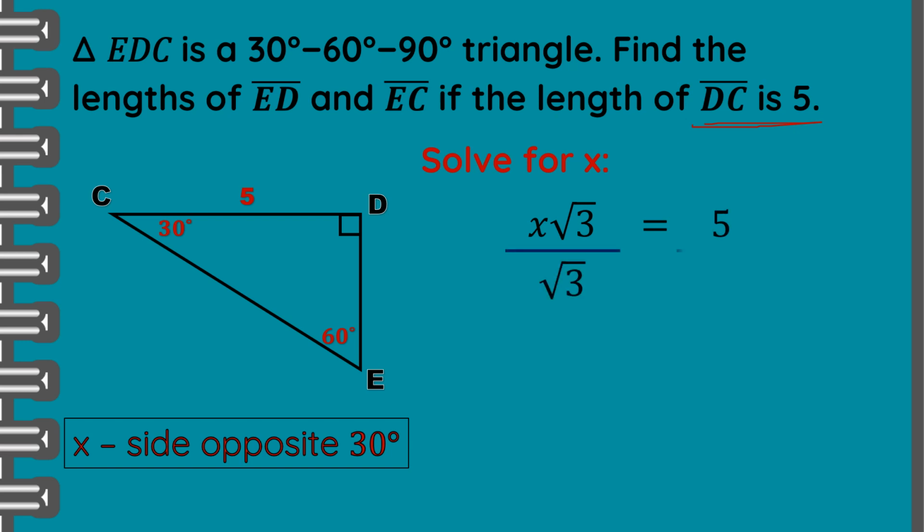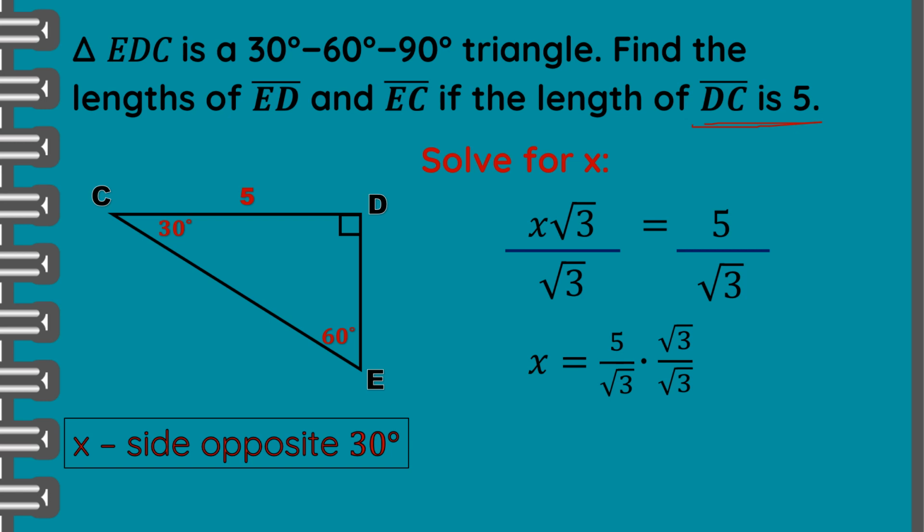Dividing both sides of the equation by square root of 3 in order for us to have x on the left side of the equation, we have x is now equal to 5 over square root of 3. Since 5 over square root of 3 is not yet simplified, we rationalize the denominator since the denominator still has a radical sign. That is, by multiplying both numerator and denominator by square root of 3.